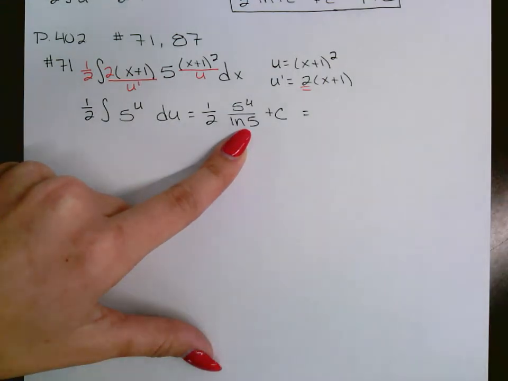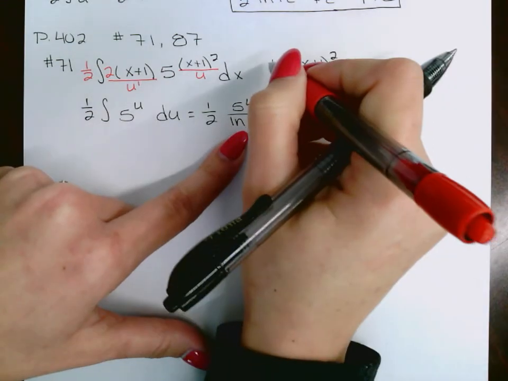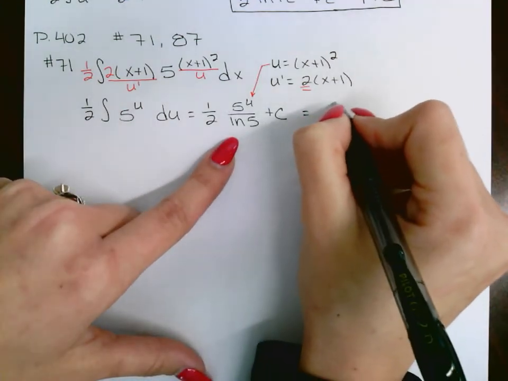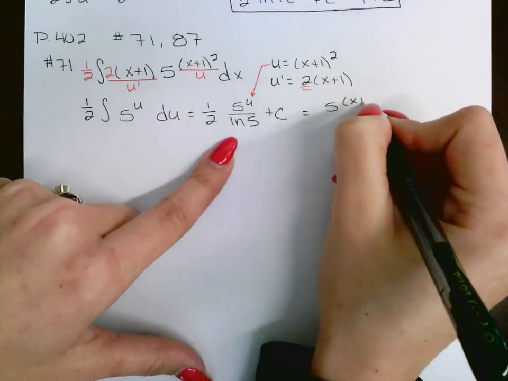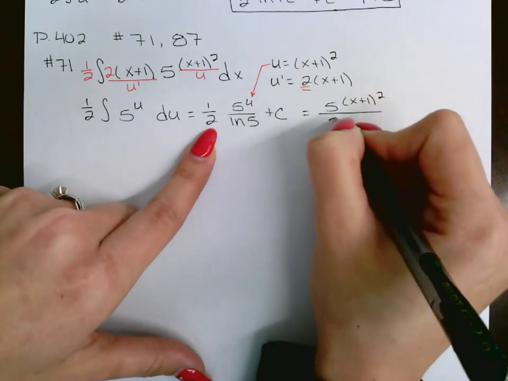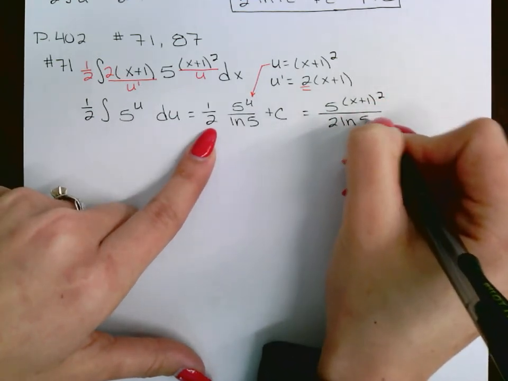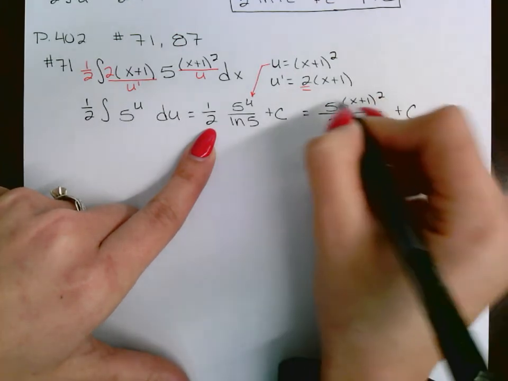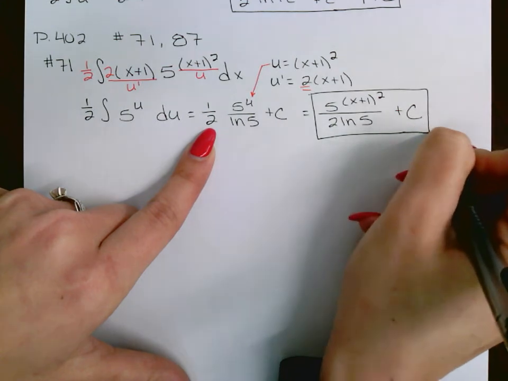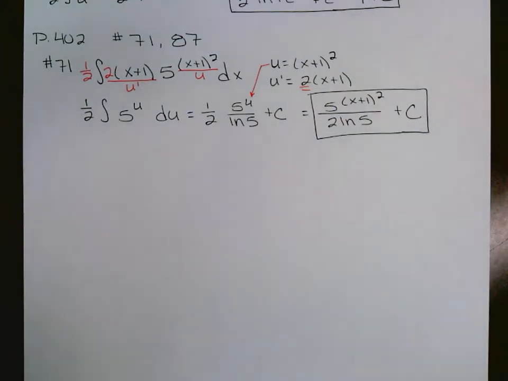And of course that your u is plugged back in. Okay? So I have 5 raised to x plus 1 squared over 2 times ln of 5 plus c.